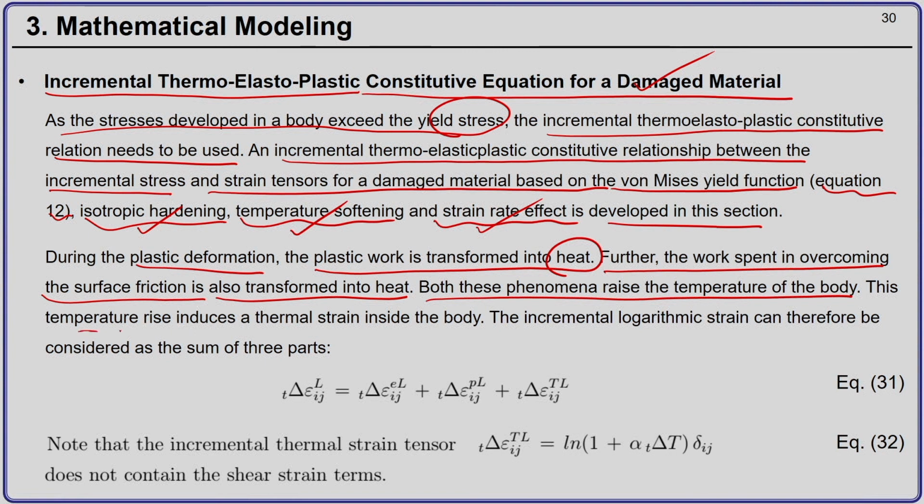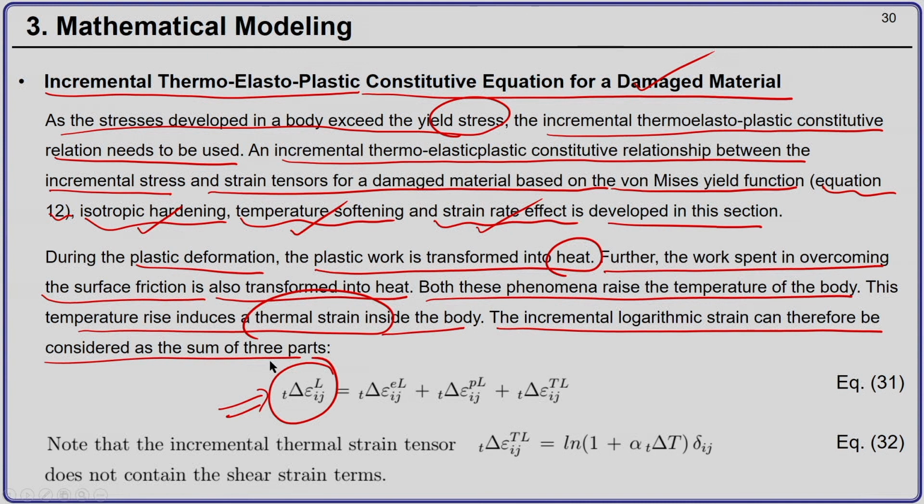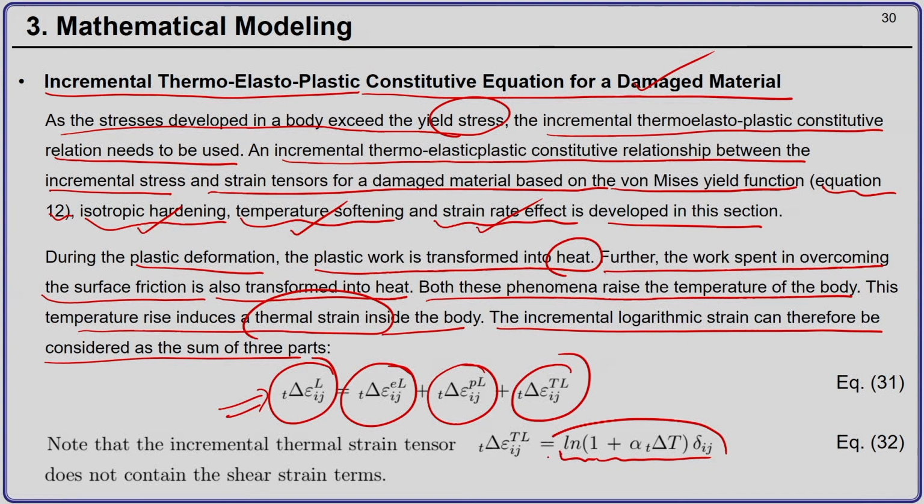So, this temperature rise induces a thermal strain inside the body, and the incremental logarithmic strain can therefore be considered as the sum of three parts. This is the incremental logarithmic strain. It is composed of three parts, that is the incremental logarithmic strain corresponding to the elastic part, the incremental logarithmic strain corresponding to the plastic part, and the incremental thermal strain tensor given by natural log of 1 plus alpha delta T into delta_ij.